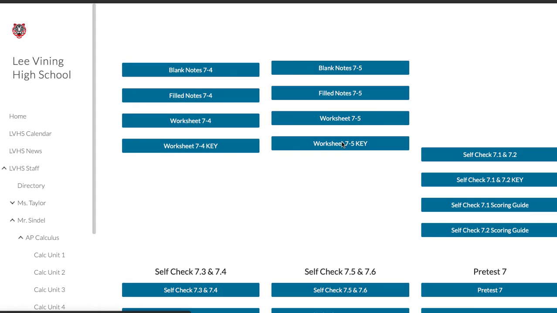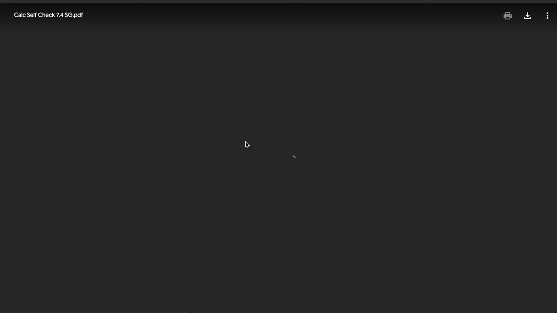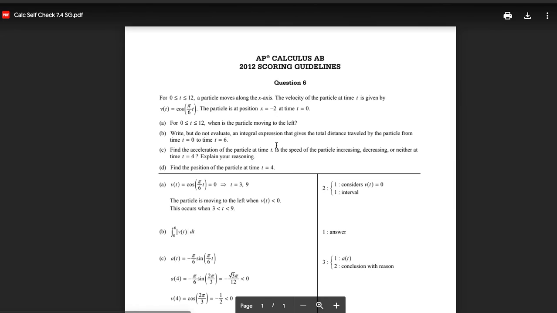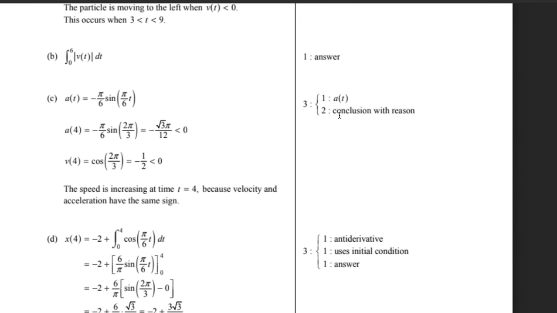And coming down here to the self-check scoring guide. So we're on 7.4 scoring guide. So you can see what it looks like. Go, computer, go. You can see right here that I'm looking at, for number 3, it doesn't say that you need to have a prerequisite that you find A. It just says, hey, if you get the conclusion and you get the reason correct, you get the 2 points.